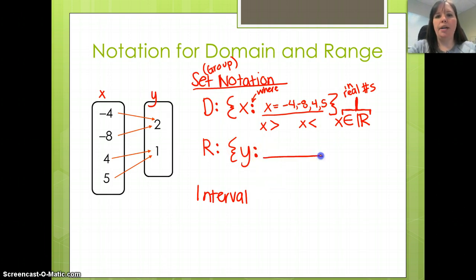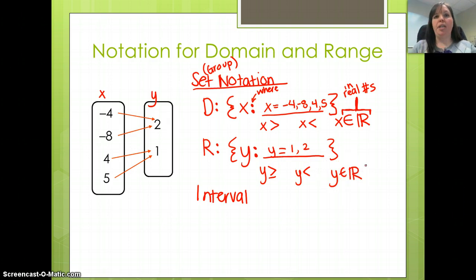So it's y where, and in this case, we have y equals 1 or 2. But it could be something where you're saying y is greater than or equal, or maybe just greater than. Y is less than. Or, again, y could be any possible value. You're not restricting them at all.